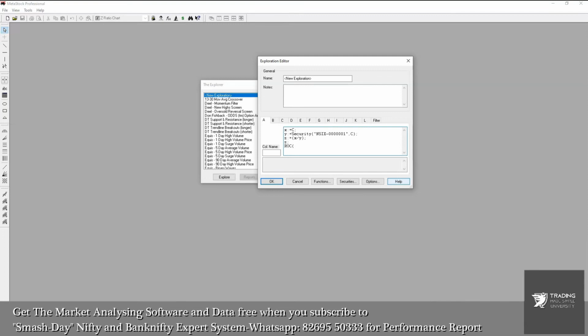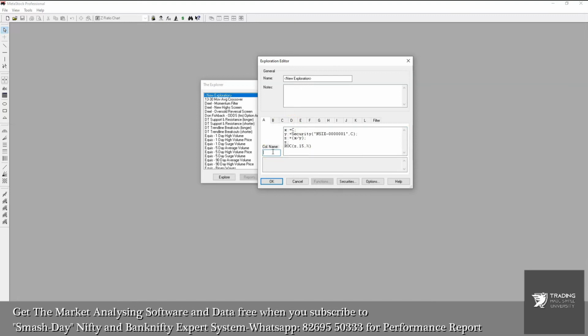What was the percentage change in relative strength over the past, say, 15 days, in terms of percentage, right? So this ROC value will be plotted in column A, and then we can arrange the stocks in descending order of ROC.